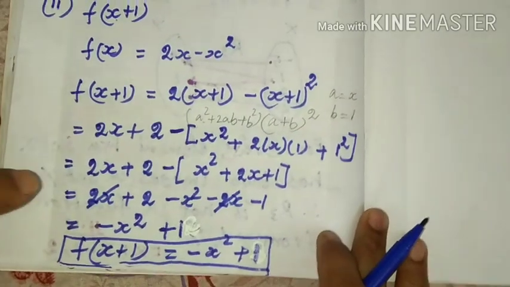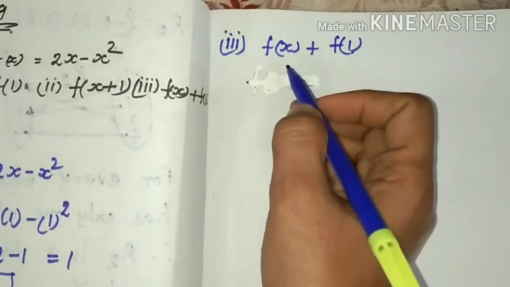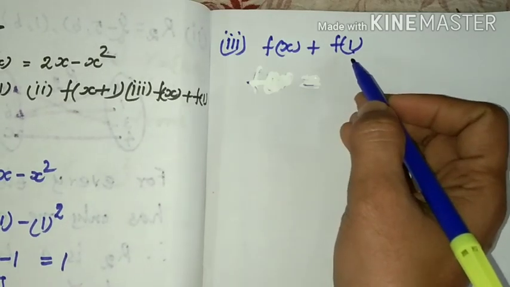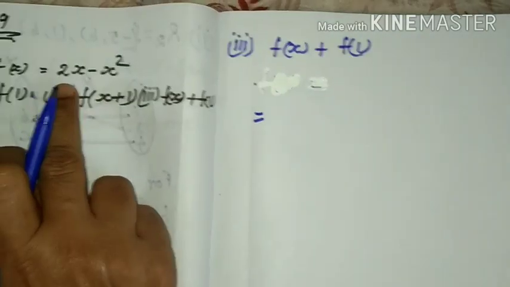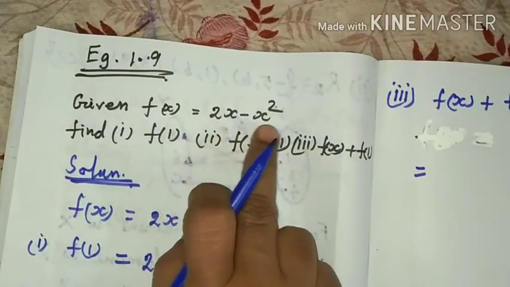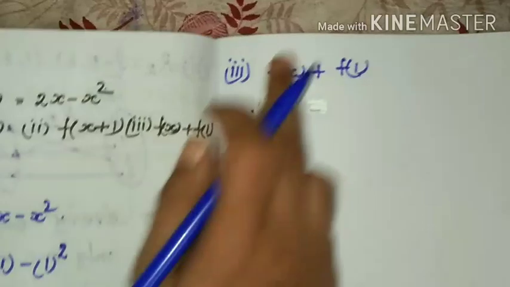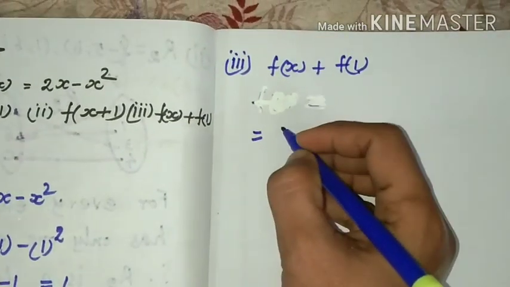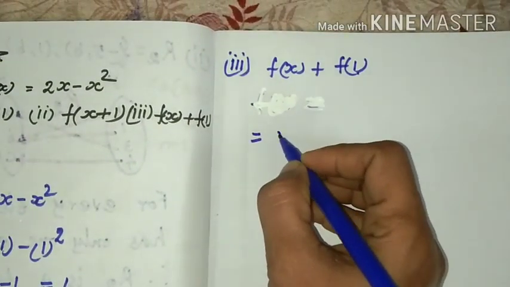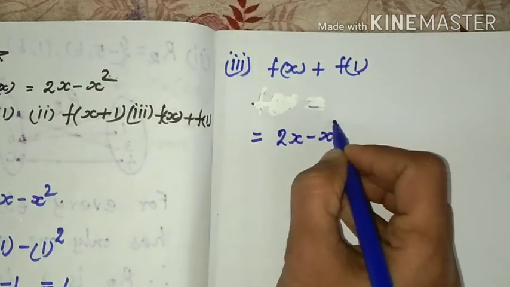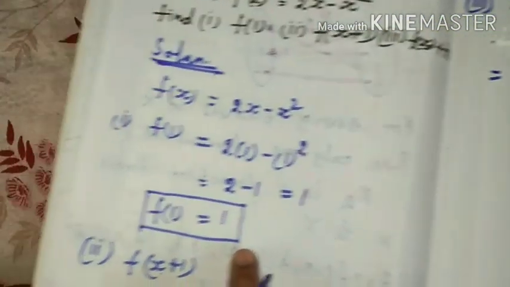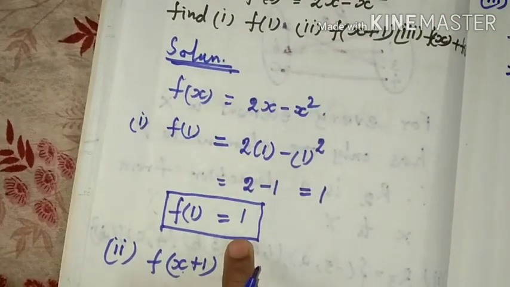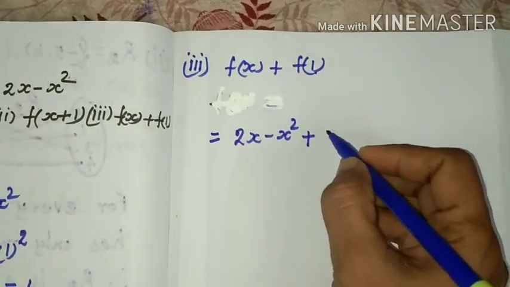So now we move on the last subdivision, f of x plus f of 1, which means f of x, in the question given f of x is equal to 2x minus x squared, that when you take down and write, f of x is 2x minus x squared plus, instead of f of 1 value already we find in the first subdivision, that is f of 1 is equal to 1, that is you put plus 1.